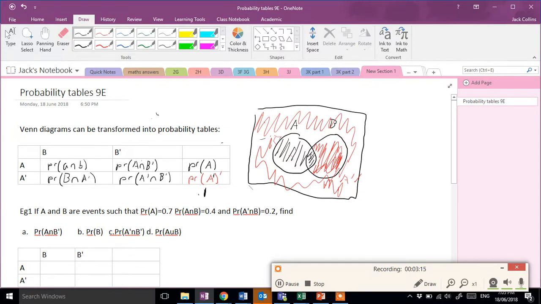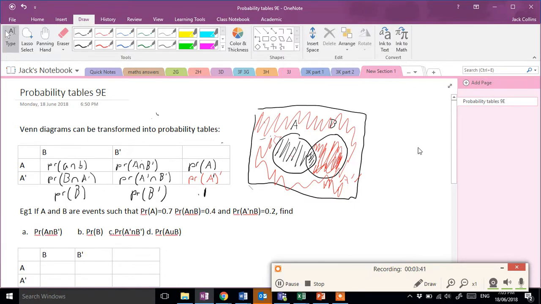Similarly here, when you're adding along here, probability of A and B plus the probability of B and not A, just like we had the probability of A here, that would be the probability of event B. Other way you can look at it is just look at the B column here. If you add both of these probabilities together, you're going to end up with probability B, and this is going to be the probability of B dash.